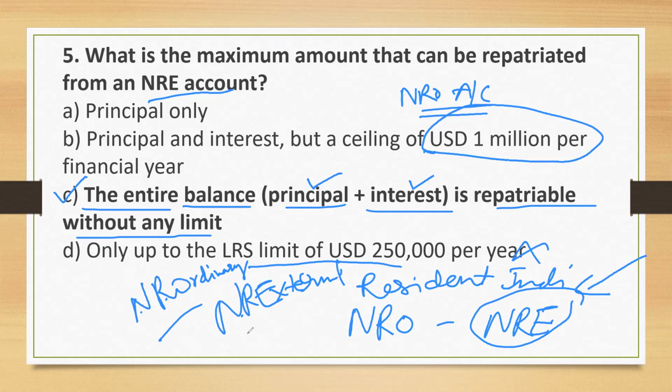And in NRO, funds can come from abroad, and funds can also come from Indian income, any income from India. That Indian income can also be deposited in NRO, but you cannot deposit that amount in NRE. Foreign funds can also be deposited in an NRO account. But in NRE, only funds from abroad will be there.